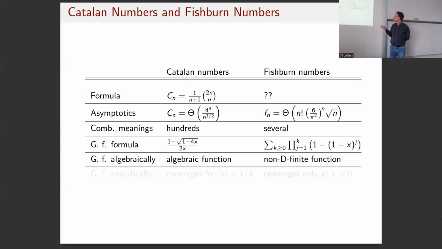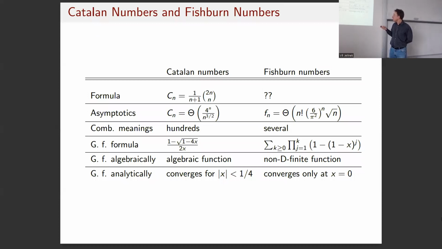And the Fishburn numbers have a generating function which is simply ugly by any standard you want to apply to it. And also from the analytic point of view, now I'm talking about generating functions here, but are they really functions? This is certainly a function.